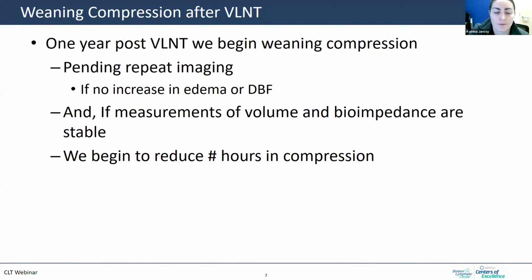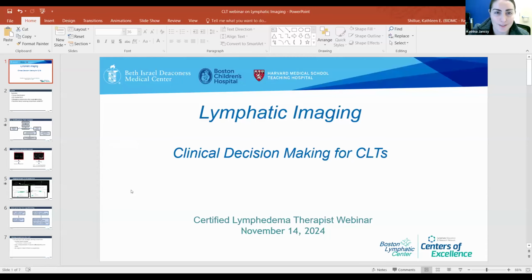It's especially helpful with a wean of compression, which can be scary for you as a clinician, or especially for a patient who's been wearing compression for years and years. So it definitely helps to have that as extra objective data.